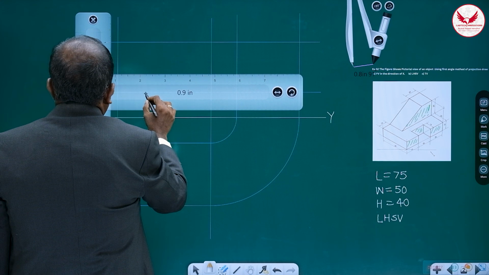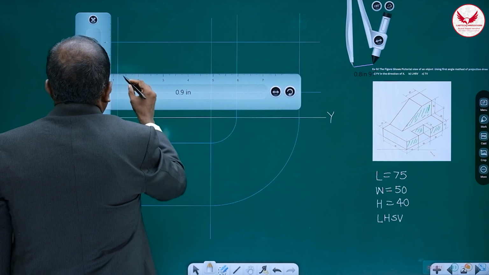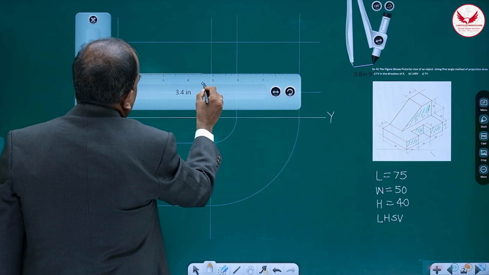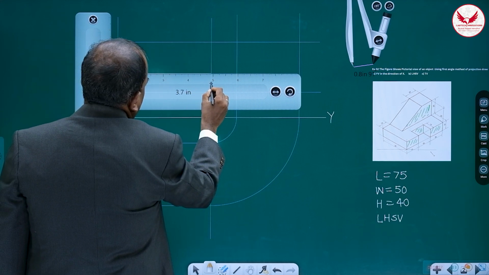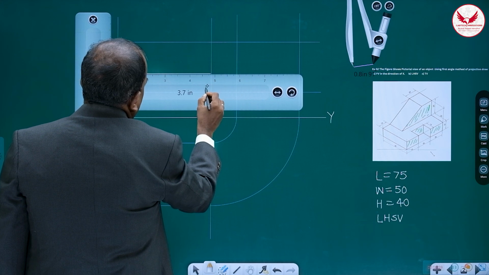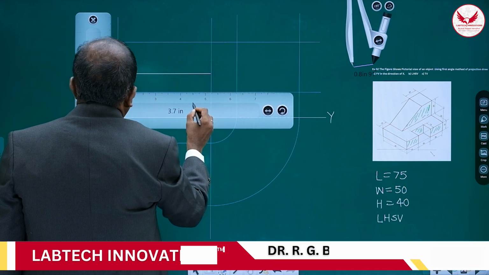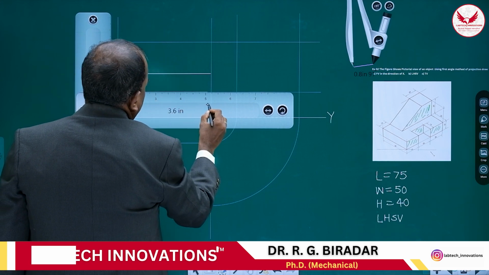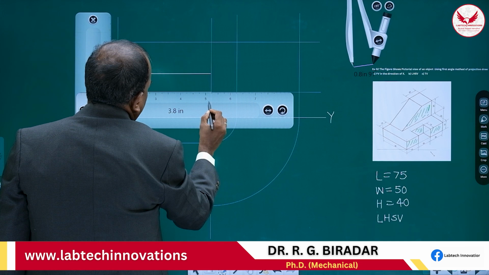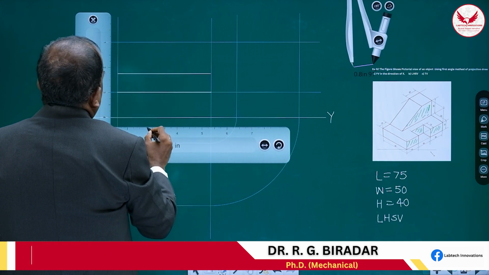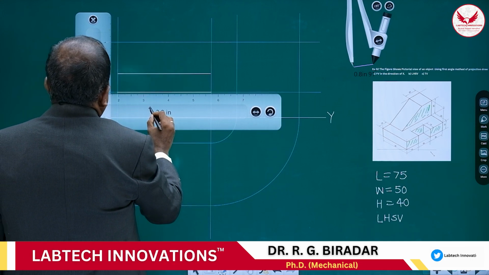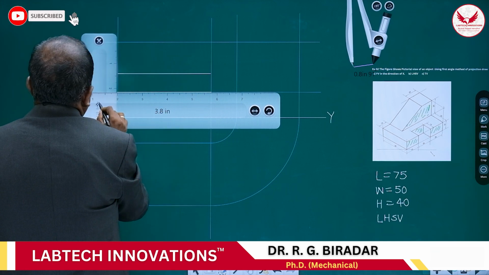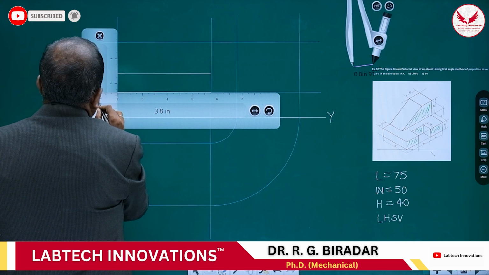And from 15 draw the horizontal line. 3 rectangles in the height of 15 will get like this. Like this, it is 75. Correct. And whatever this 75 is, you can mark.